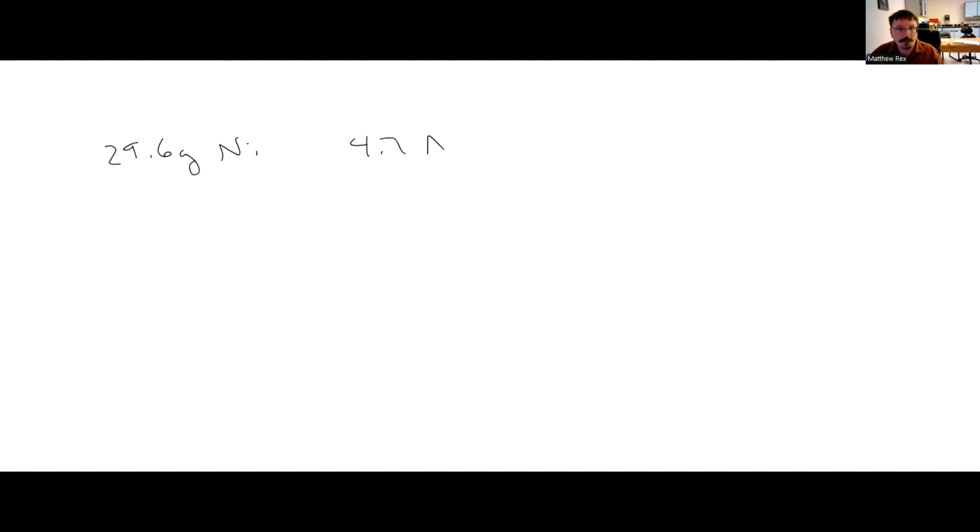So let's take our 29.6 grams of nickel and convert it into moles, dividing by the molar mass of nickel, 58.69 grams. Got about 0.5043 moles of nickel.